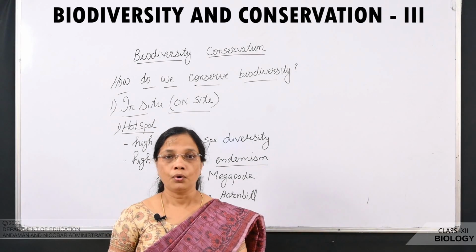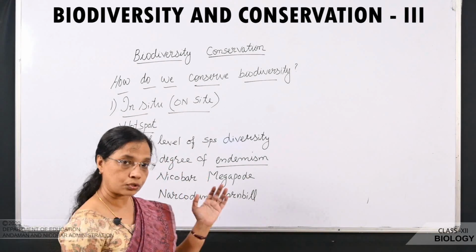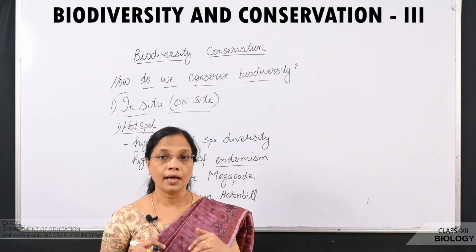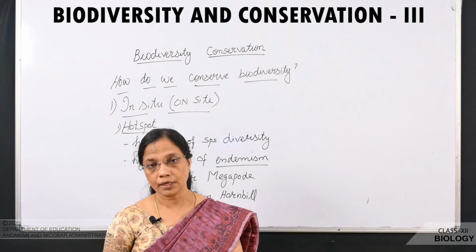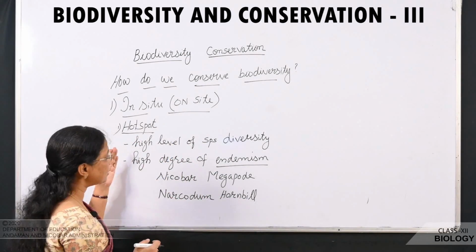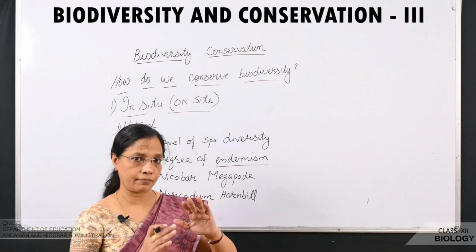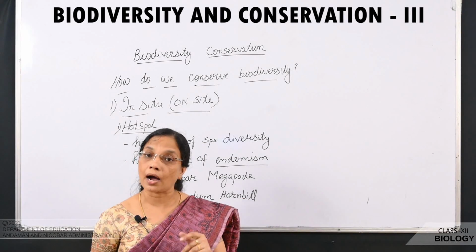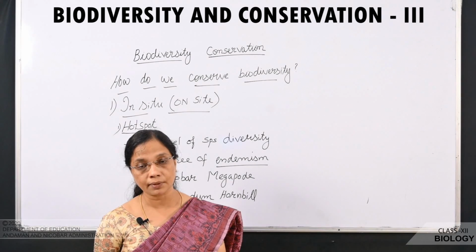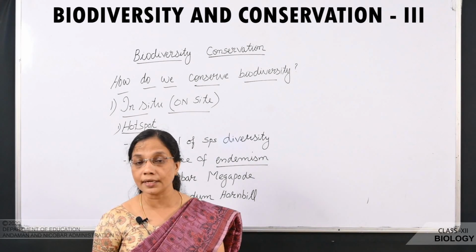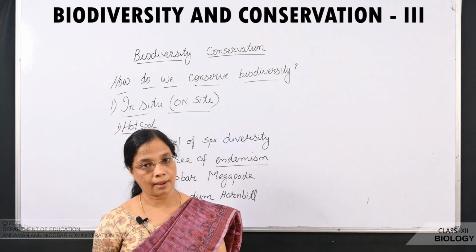So a hotspot is also an area where you can see accelerated loss of habitat. So hotspot is a very big region where there is a high level of species diversity and high degree of endemism, and there is an accelerated loss of habitat.